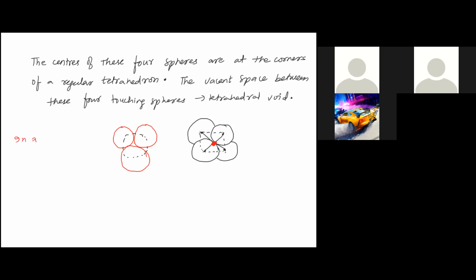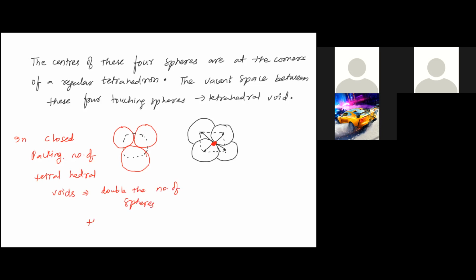So in a closed packing, the number of tetrahedral voids is very important. The number of tetrahedral voids is equal to double the number of spheres.